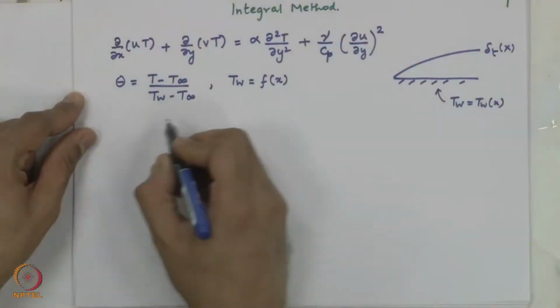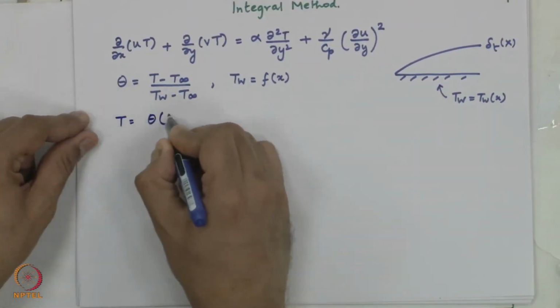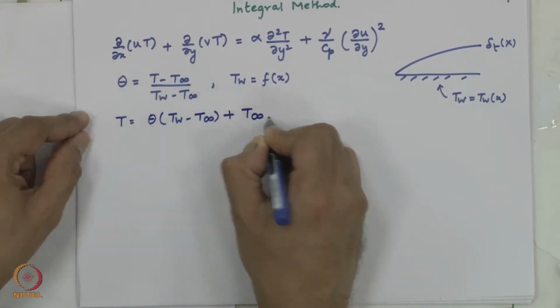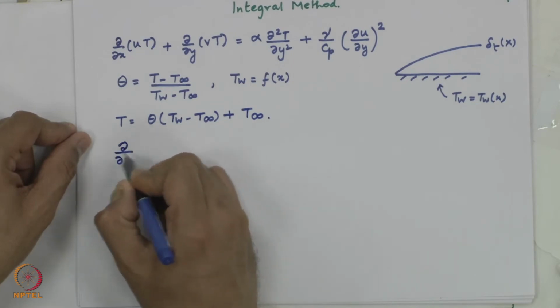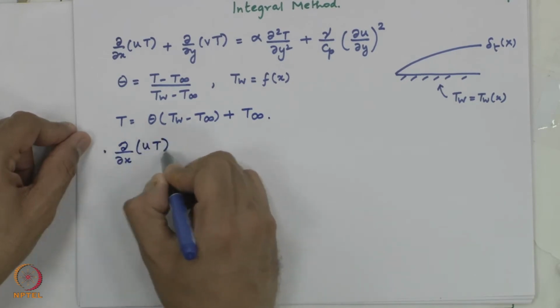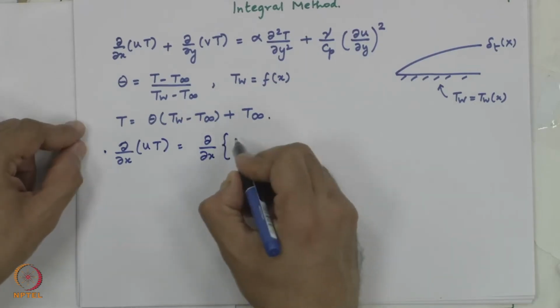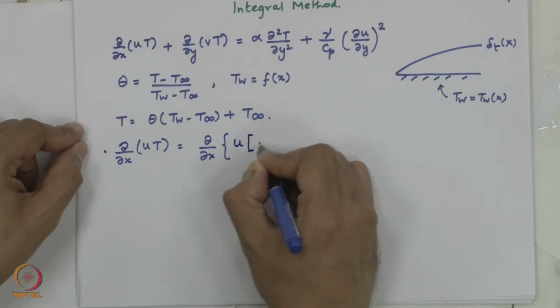Okay. So, if this is the case, we can write T is equal to theta times (T wall minus T infinity) plus T infinity. Therefore, d by dx of uT is equal to d by dx of, I am going to do one of the terms in detail, the other terms will be left as an exercise.